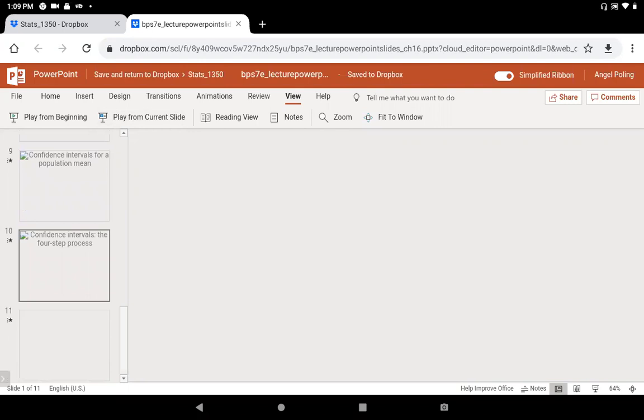For slide 10 here, it looks like my tablet's slow, frozen, something. All right, well, I have the book here, so let me take a look at the four steps for the confidence interval.